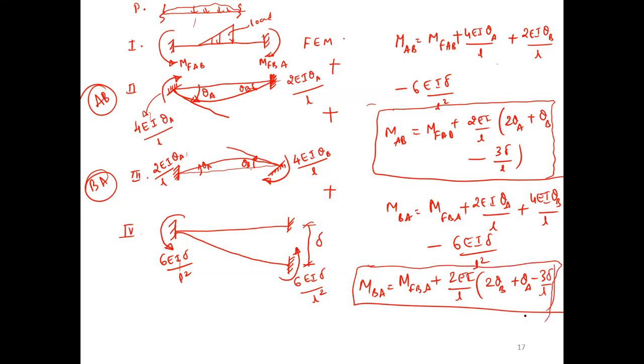Now, in MCQ, in technical terms, whatever the rotatory end, this is far end. For AB, B is the far end, and for BA, A is the far end. Now I can ask a question like, what is the rotation contribution for the far end if the beam AB is subjected to loading?